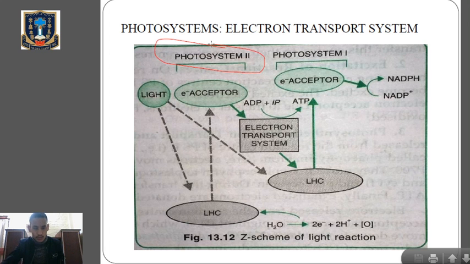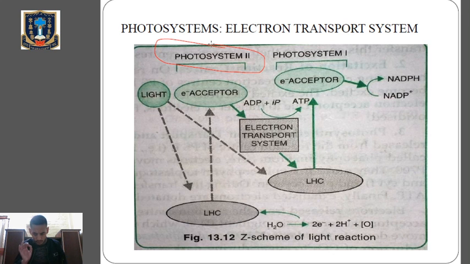Okay, so in the electron transport system, PS2 or photosystem 2 has the reaction center. Each and every light harvesting complex has a reaction center, we have done already, and you have the core molecule and the antennae molecule.